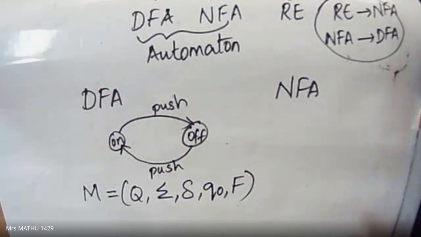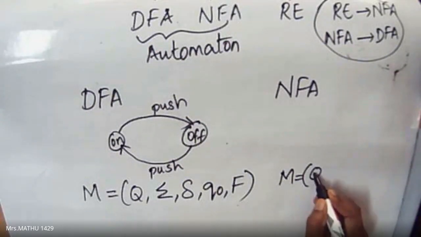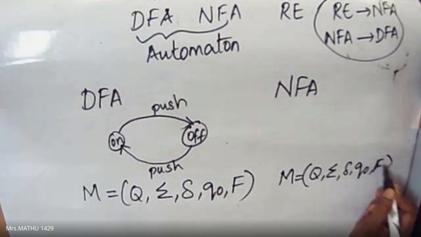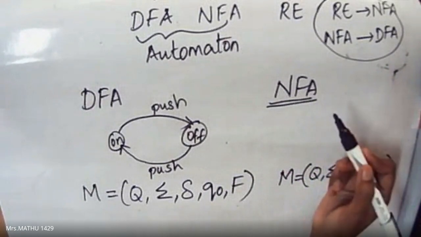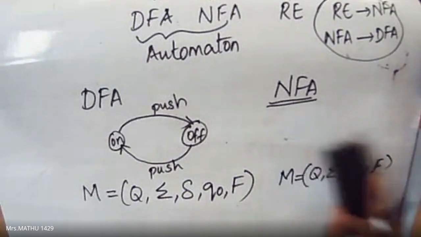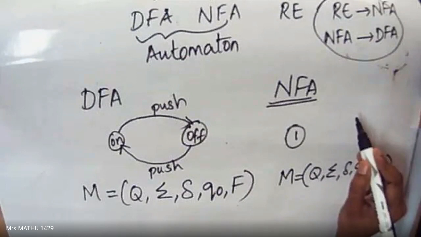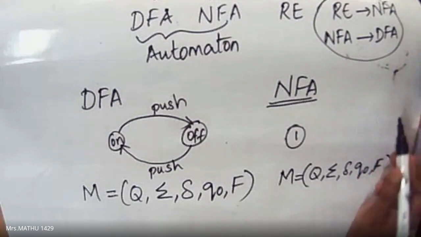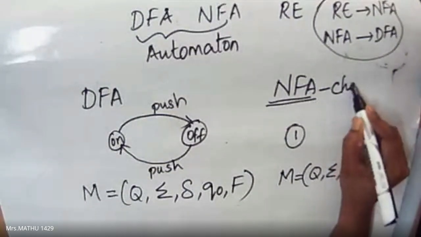The same holds for NFA; we have all these five elements. But what is the difference? Before that, what is an NFA? NFA means non-deterministic. If you are in state 1, on giving a particular input, we cannot say deterministically that it will go to this particular state only. It has a choice of moves.